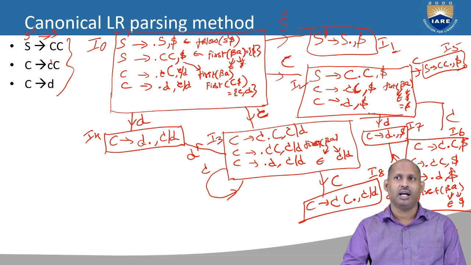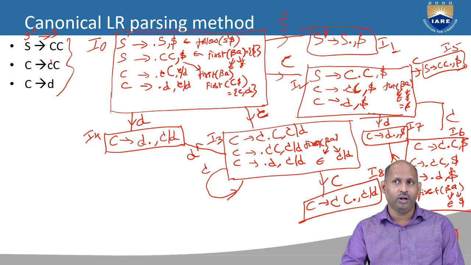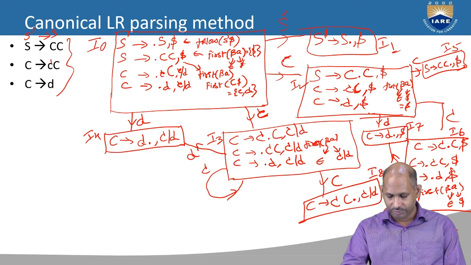Next, I3. I3 has 3 go-to operations once again. On variable C going to I8.